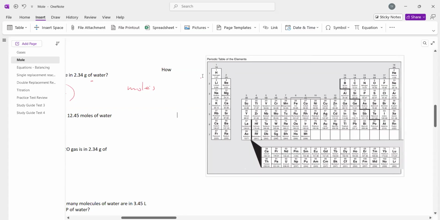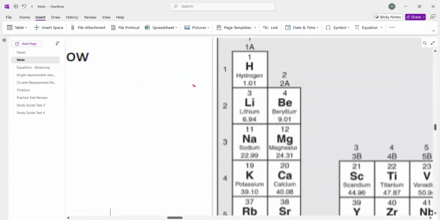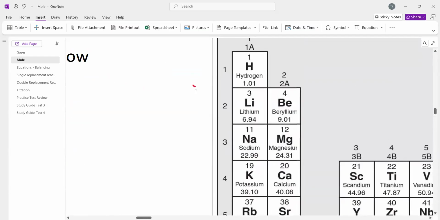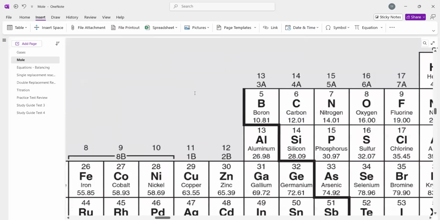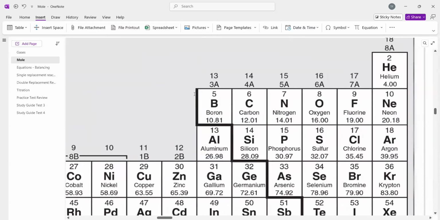Okay, we can see hydrogen is 1.01. And oxygen is 16.00. So that's what we need to figure out the molar mass for water: we take the constituent atoms, hydrogen and oxygen, find the molar mass for each one, then we add them together. Now, all these molar masses on this periodic table we're using are already rounded to 2 decimal places.